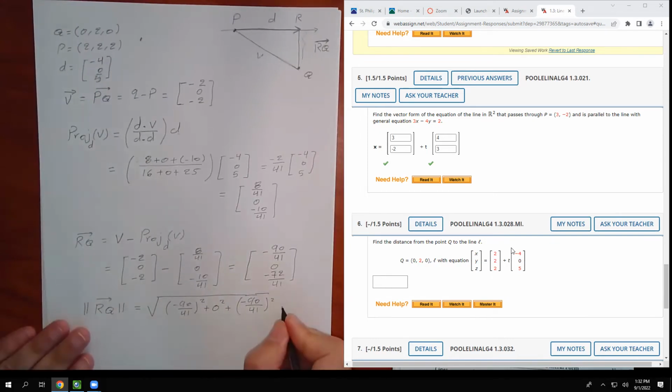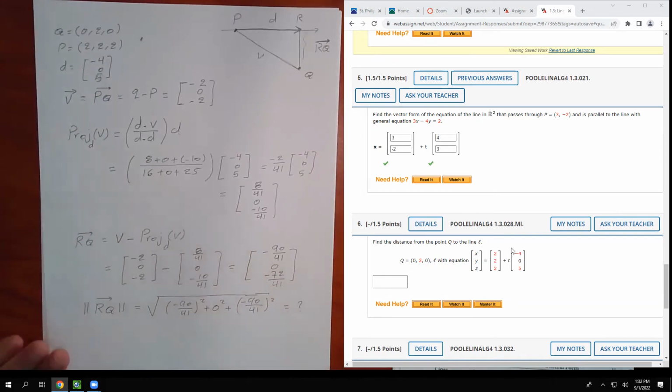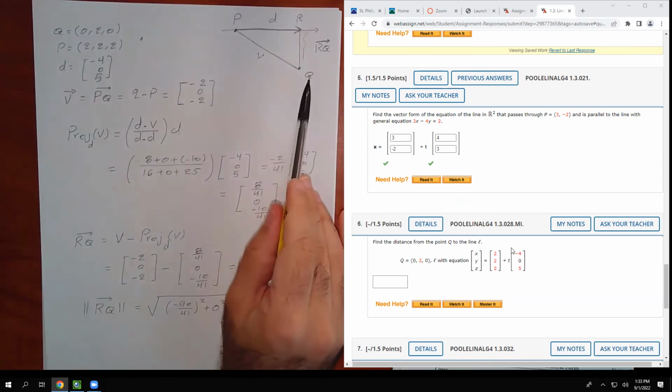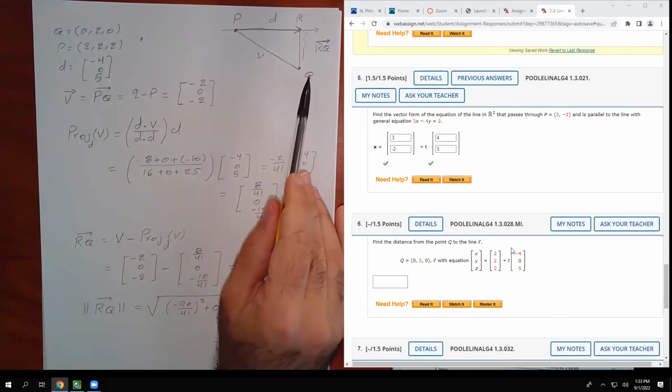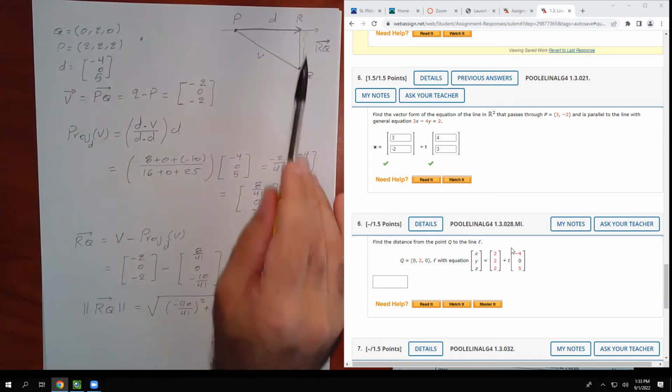And I'm just going to leave you to work on this one. The length is going to be a really big number, which is the distance between the point Q and the line.